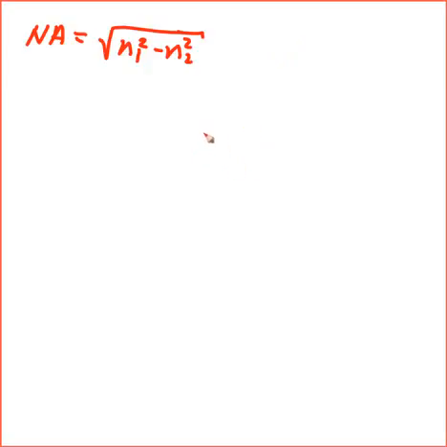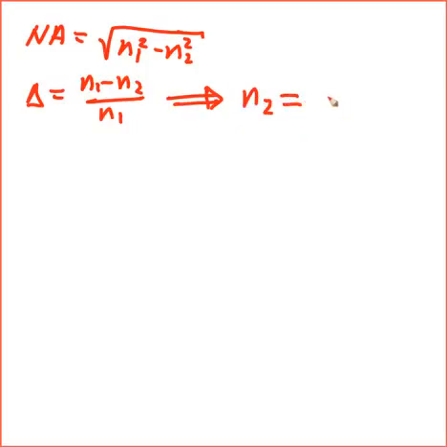What we're going to do is start with delta, which is n1 minus n2 over n1, and we're going to solve for n2, which is equal to n1 minus n1 delta, right?